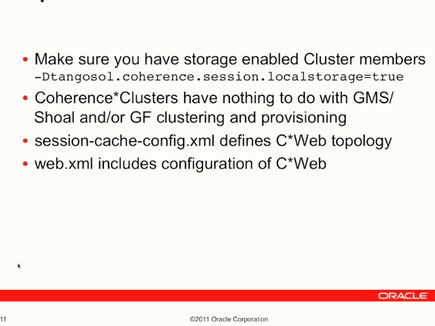The other file I mentioned already, and it's very important, is the session-cache-config.xml, which defines the Coherence Web topology. So if you want to make changes to the topology structure, then you would edit the session cache config. The other option there too is to provide your own cache entries there if you're using Coherence for storing things in named caches, for example, if you're just using Coherence for distributed caching or data grid functionality.